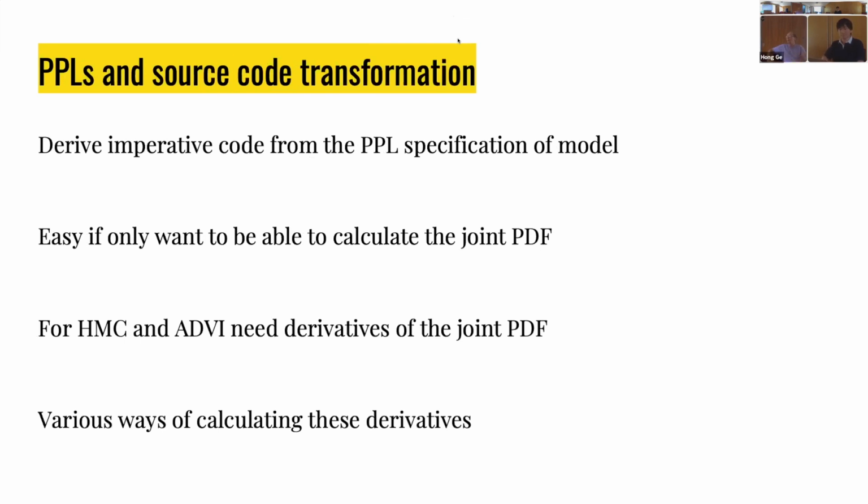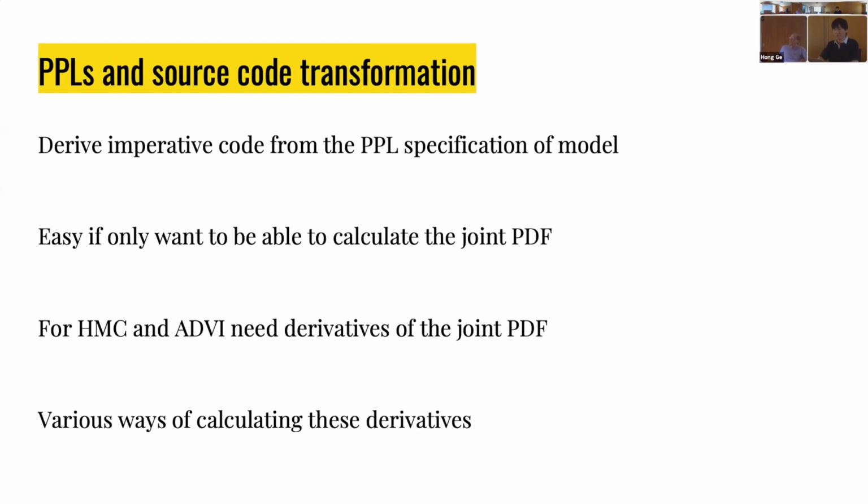Okay, so looking for an alternative to building a detailed representation of the graphical model out of a mass of objects of dozens and dozens of classes. One alternative is to just derive some imperative code which allows you to calculate what you need.